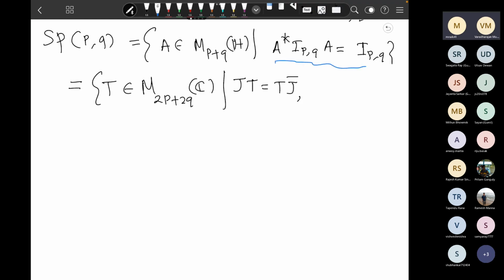So this is A star I_{P,Q} A is equal to I_{P,Q}.